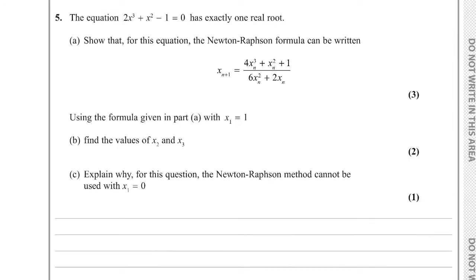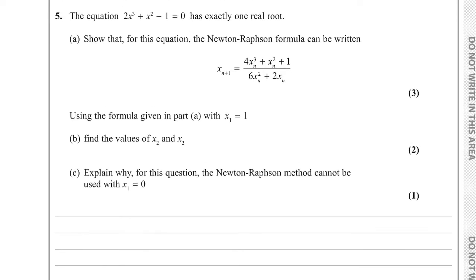In question 5, we're told that the equation given here has exactly one real root, and we need to use a Newton-Raphson formula to write down the given equation. So I will start off by letting f of x be 2x cubed plus x squared minus 1.